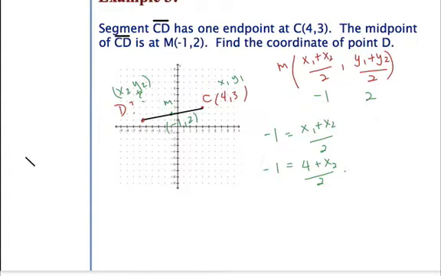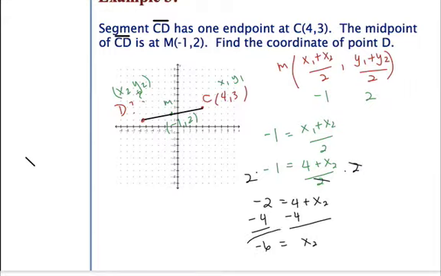So to do that, start by multiplying both sides by 2 to get rid of this denominator. So 2 times -1 is -2, and that's going to equal 4 plus x2. To get x2 by itself, subtract 4 from both sides, and we get that x2 is equal to -6. Alright, so we're going to save that little piece of information and come back to it in a second.